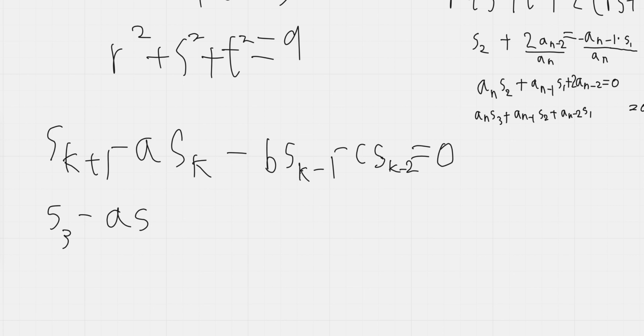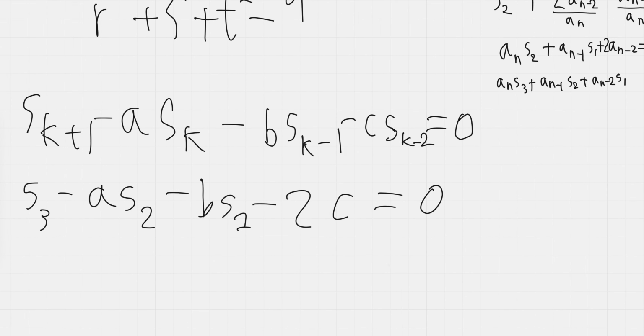That's s3 minus a s2 minus b s1 minus c s0 equals 0. Well, because there's no s0, this is just going to be minus 2c.